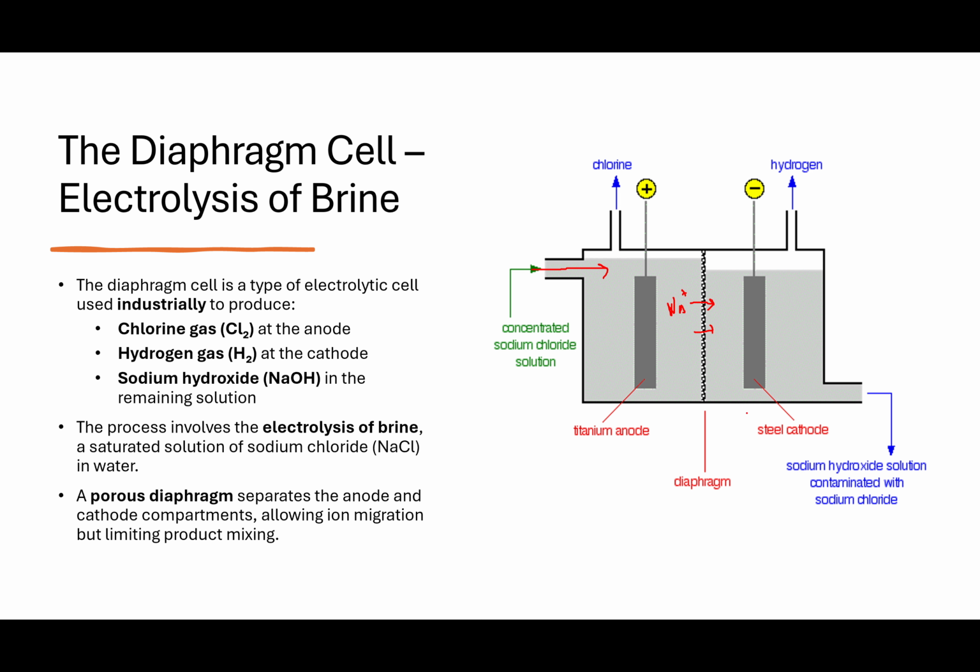The diaphragm doesn't allow everything to go through, but we're going to have the trickling of some of the solution and some major ions being moved through. So there are fewer things on the cathode side than on the anode side. So that's why the level is a little bit lower. That's just a general thing.